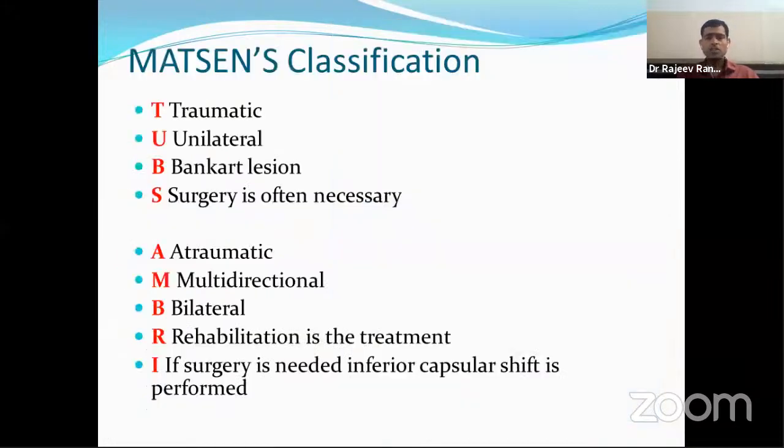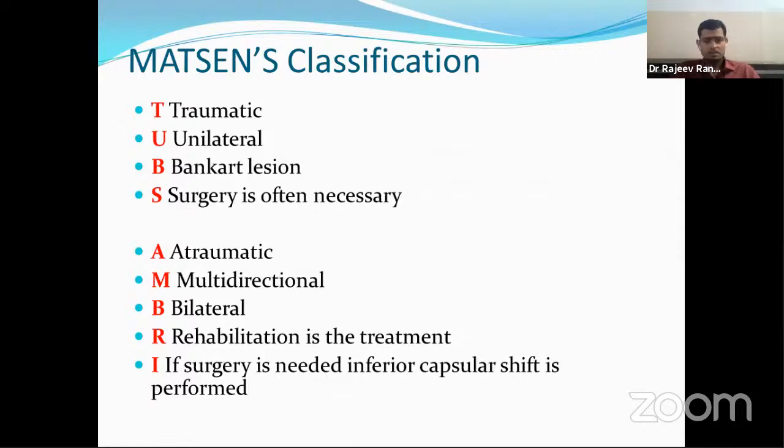But the most commonly used classification is the Thomas and Matsen classification. It divides instability into two types: one is TUBS, another is AMBRI. TUBS stands for traumatic etiology, unilateral, associated with the Bankart lesion, and for management, surgery is often necessary for this condition.